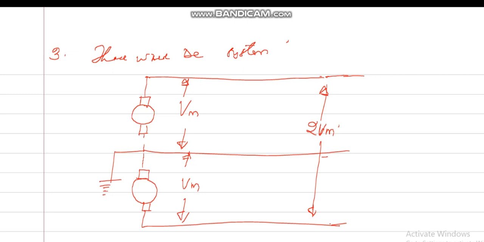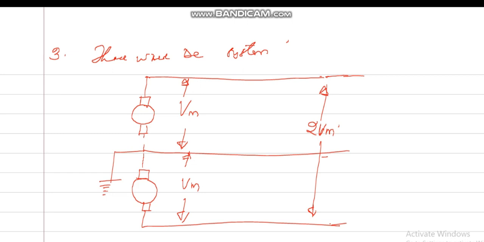Hata kama tukizingatia kwamba our load is connected between outer wire and the mid wire, tutapata the same results kama ambavyo tutaangalia kwamba load is connected between the two outers.